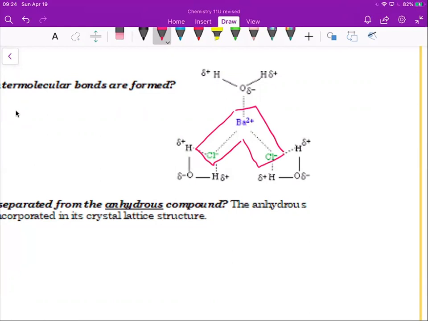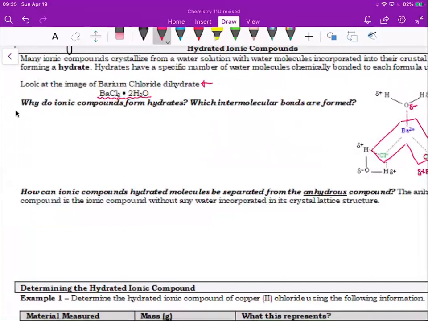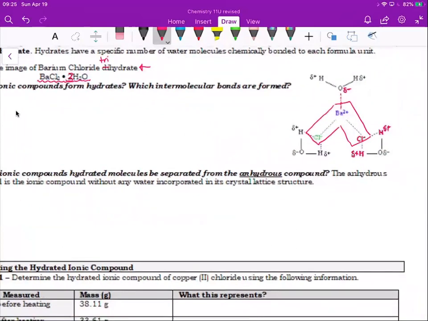But then, as you can see, over here, the negative dipole that's found in oxygen is being attracted to the positive barium. I'm sorry, I have the sniffles as well. This chloride, because it's negative, it's an anion, is going to be attracted to the two positive dipoles of water. So this should actually be trihydrate, if this image is correct. I just got all this from Google, I'll be completely honest.